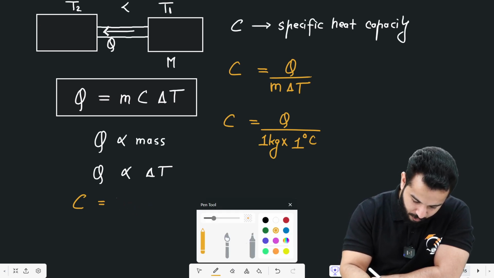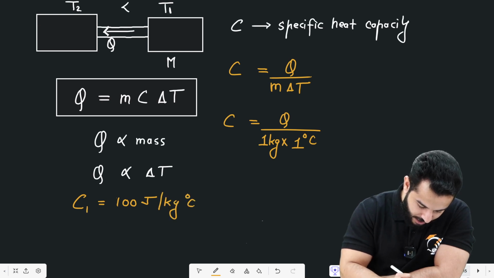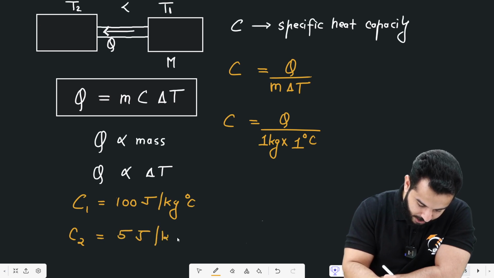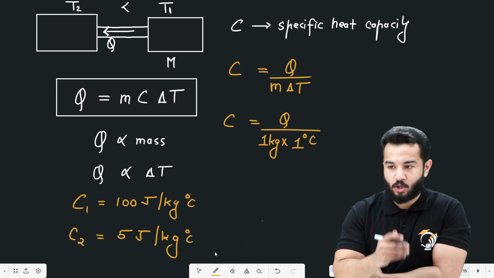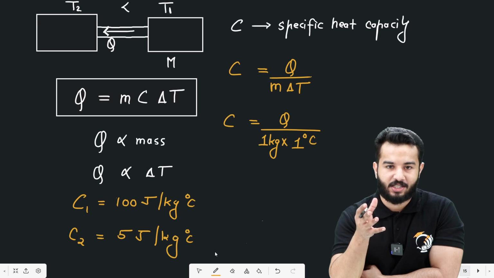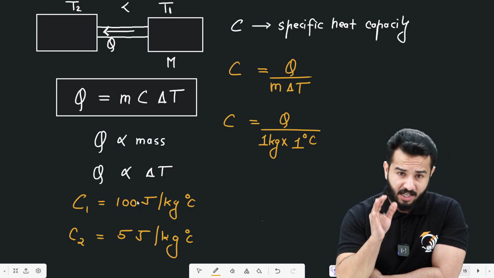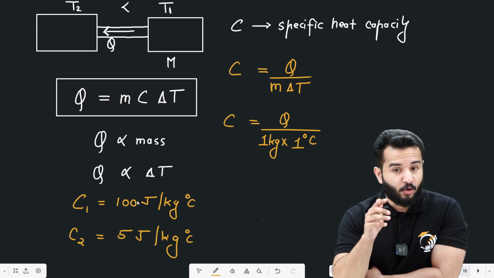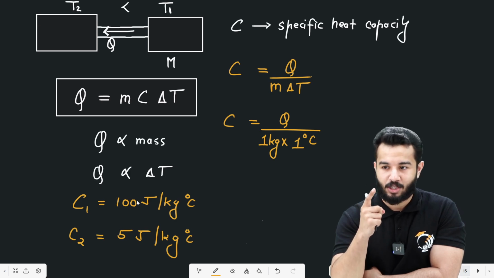Let's suppose that one of the materials has got specific heat capacity of 100 joule per kg per degree Celsius, and another material has got specific heat capacity of 5 joules per kg per degree Celsius, right? And now I am saying to you that if I want to use these materials, in which cases should I use them? So you're going to say that the first one actually requires 100 joules of energy. If you take 1 kilogram of that material, 100 joules of energy will be required to raise the temperature by 1 degree Celsius.